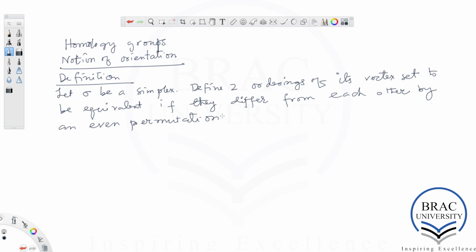So if you apply an even permutation on one ordering, you will get the other ordering. Then you'll say that these two orderings are equivalent.